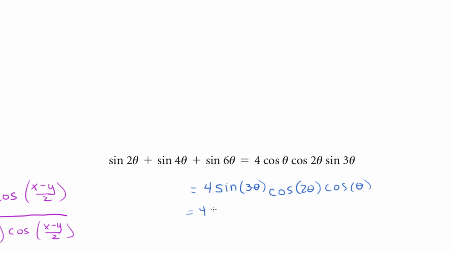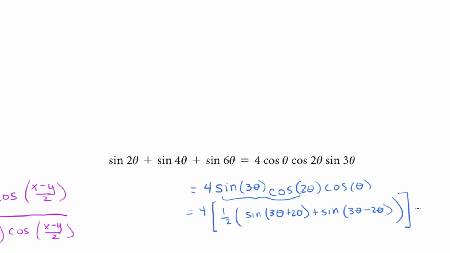Why is that? Because these two terms multiplied, using the product to sum identity, become 1/2 times sine of 3 theta plus 2 theta plus sine of 3 theta minus 2 theta, and then times the cosine that's outside.